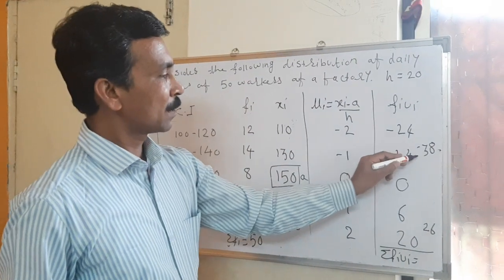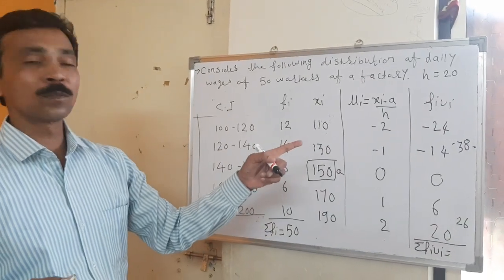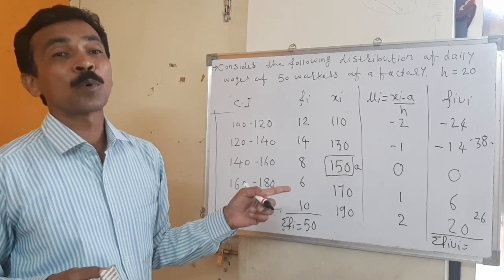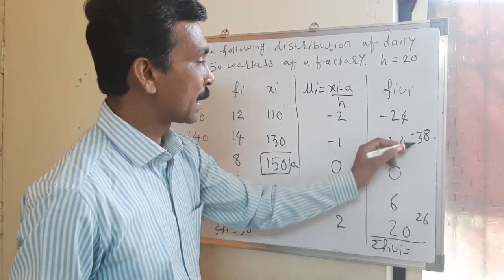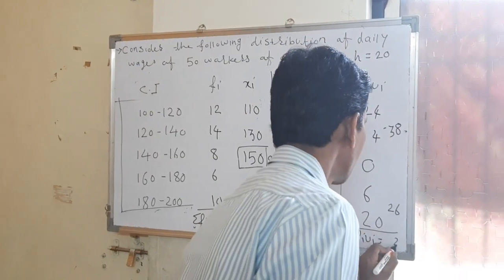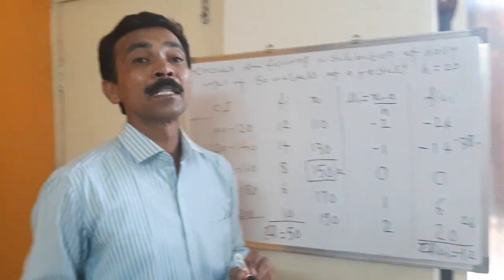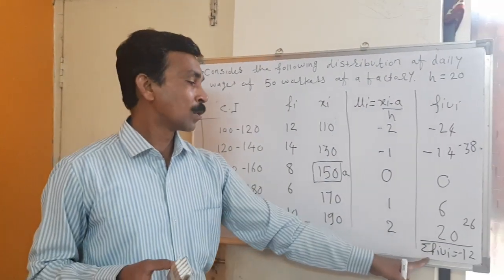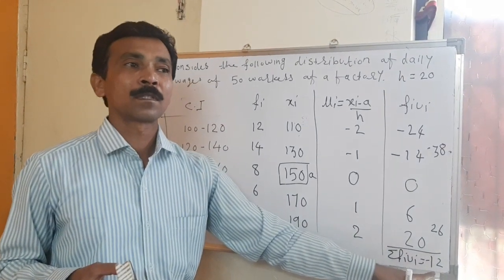Now I will subtract 38 and 26. 38 is negative and 26 is positive. Minus 38 plus 26 is minus 12. So summation of Fi Ui is equal to minus 12.